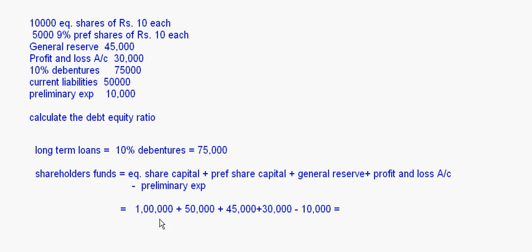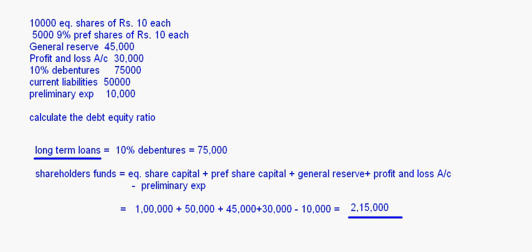So this comes to 1 lakh plus 50,000 plus 45,000 plus 30,000, which is 2,25,000, minus 10,000, it comes to 2,15,000, right?